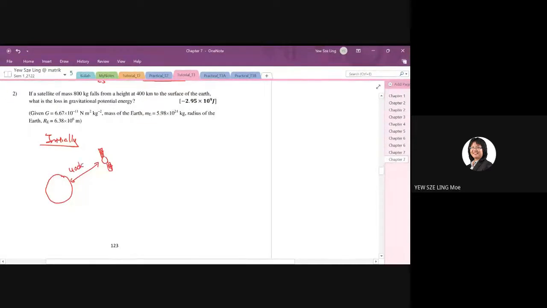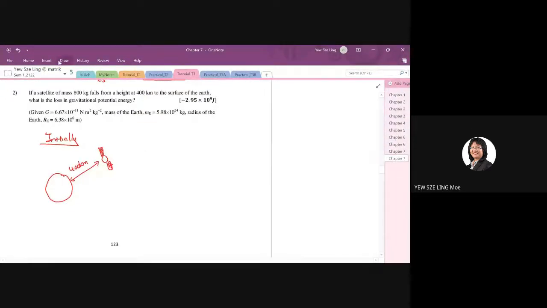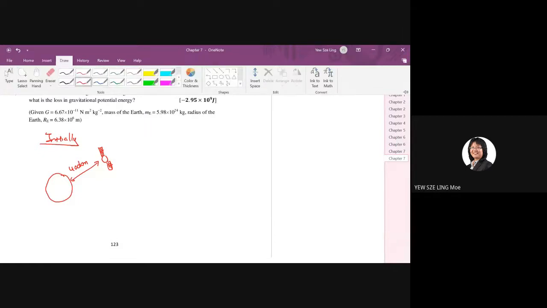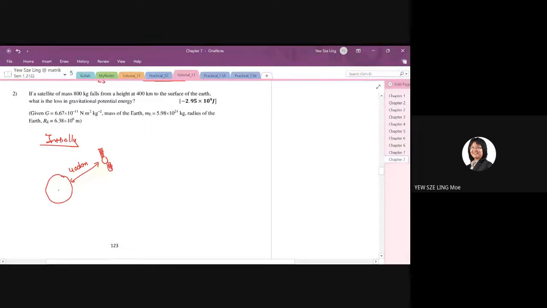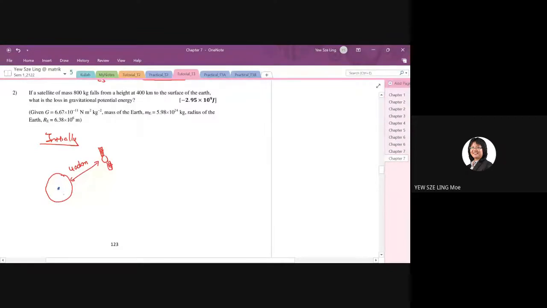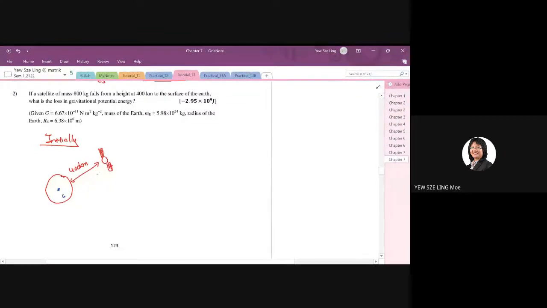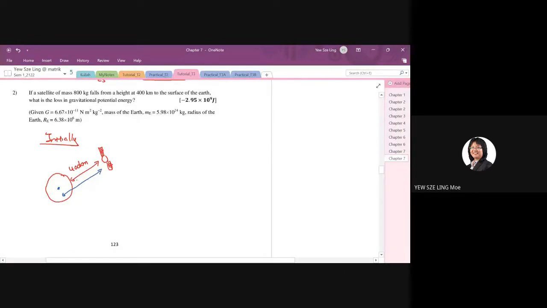Okay, 400 km. But if you recall the equations that we have learned so far, all of them, when it comes to r, we are going to use the distance from the center of the object. So if you sketch it out, then you will be able to see which r should be used. So you have to use this r.